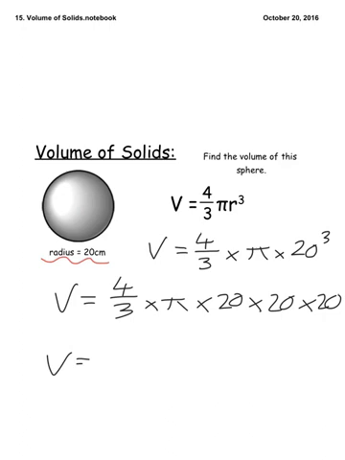If we take this to the calculator, we're going to do pi times 20 times 20 times 20 divided by 3 times by 4. And we get our final answer as being 33,510.32 centimeters cubed. Again, our units are in cubed units. We're dealing with 3D shapes.